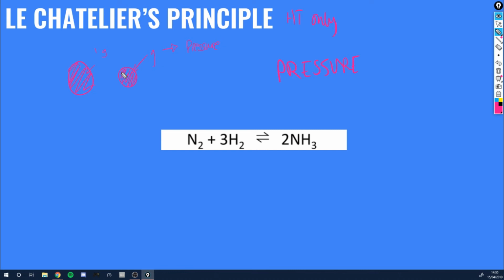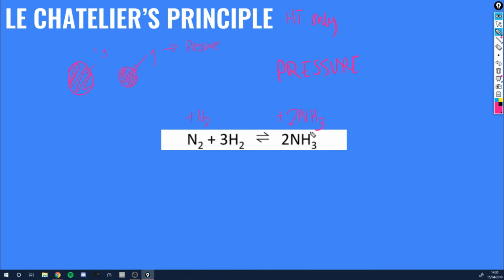So if you increase the pressure of a reversible reaction, if you increase the pressure in the reactants, more products will be formed until equilibrium is reached. So if you increase, say, nitrogen, there will be more ammonia.